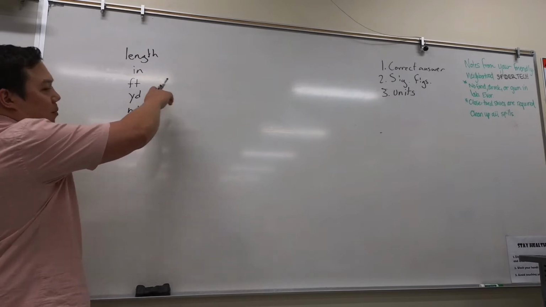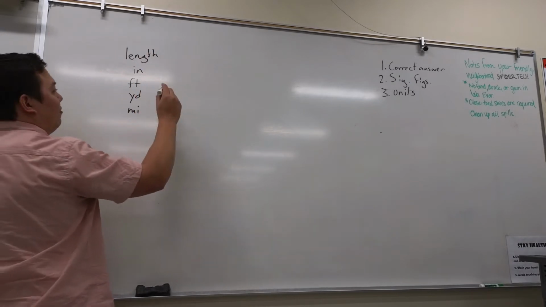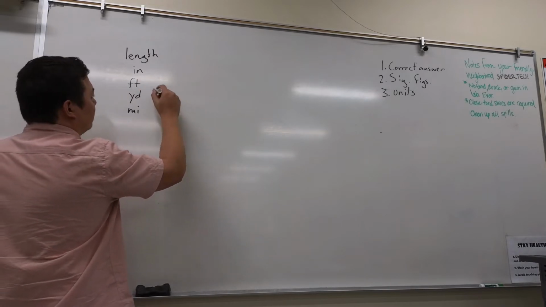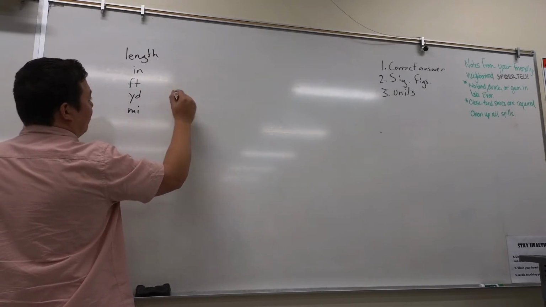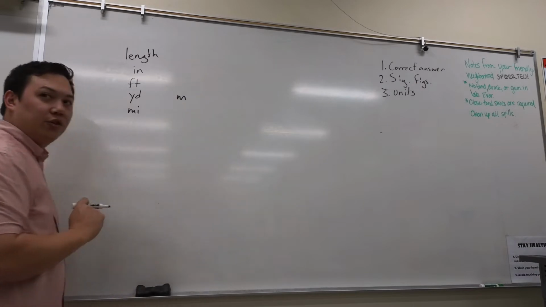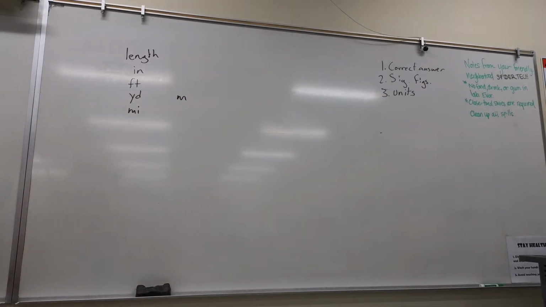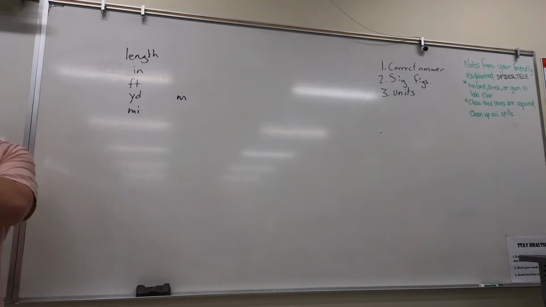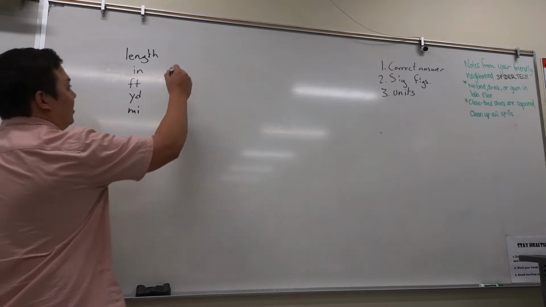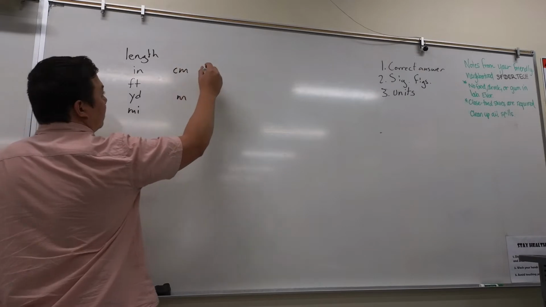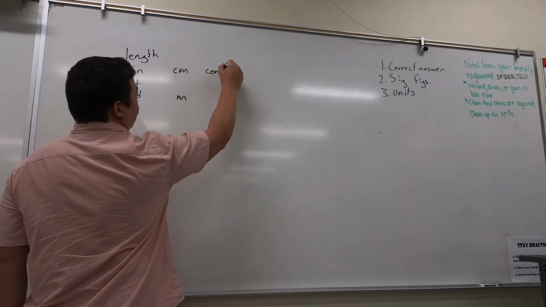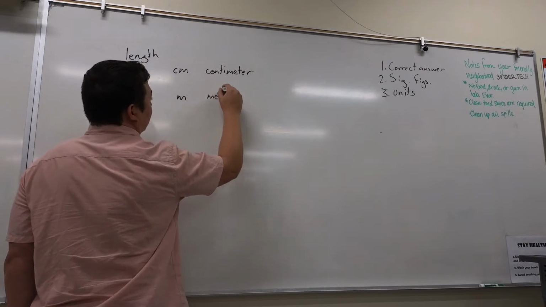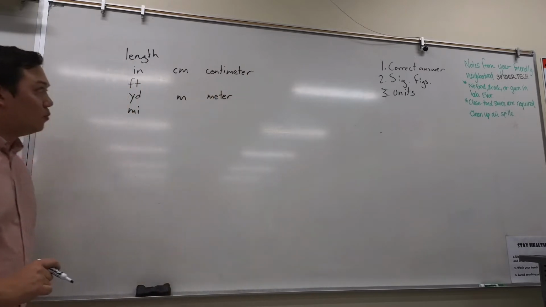In SI units, everything is based on meters. If you want something shorter than a meter, you use a prefix to say that this is smaller than a meter. So that's what a centimeter is. This is a meter.